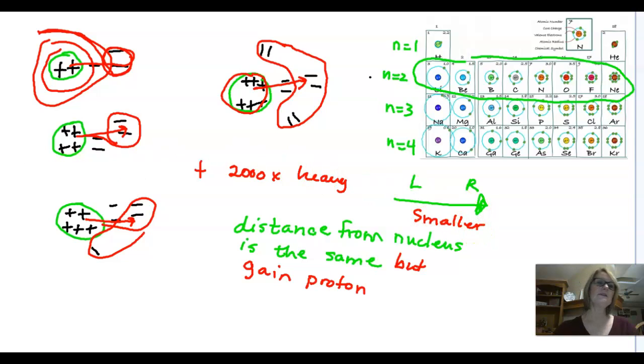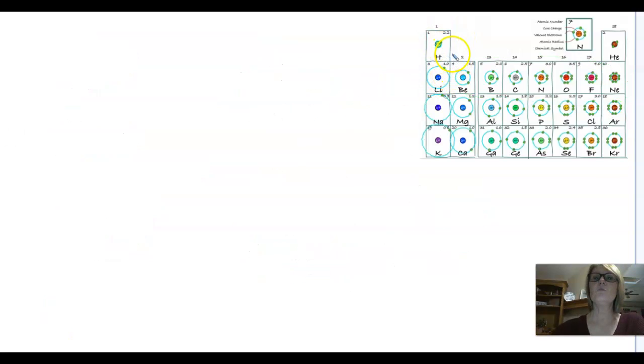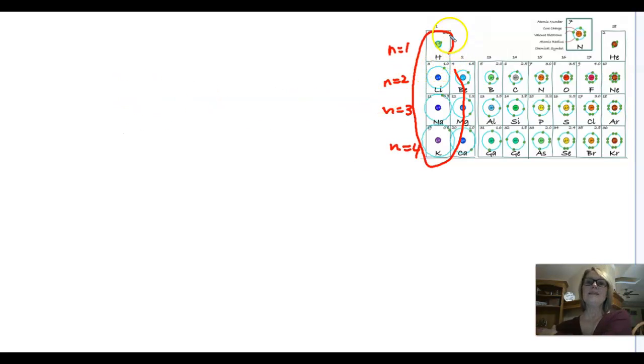Okay, now let's look at the next case, going down. So this time we're going to be looking going down. Again, n equals 1, n equals 2, n equals 3. Those again are my sublevels that are getting full. So in this case, you've got hydrogen, which has 1 proton, but it's also just got 1 electron.